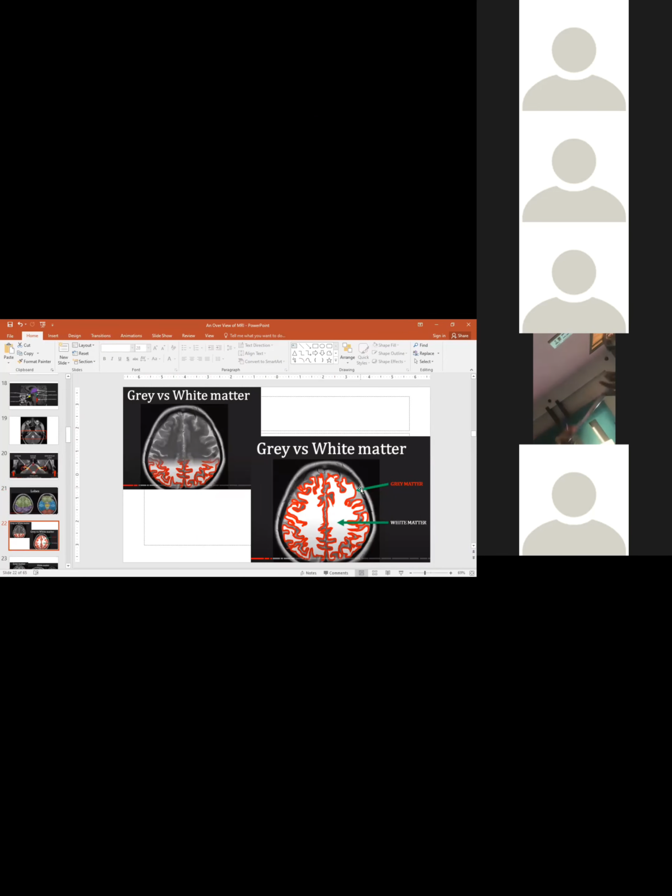So in this diagram, this outer is gray matter, which we labeled with this reddish line, and this is the white matter, which we have colored white.